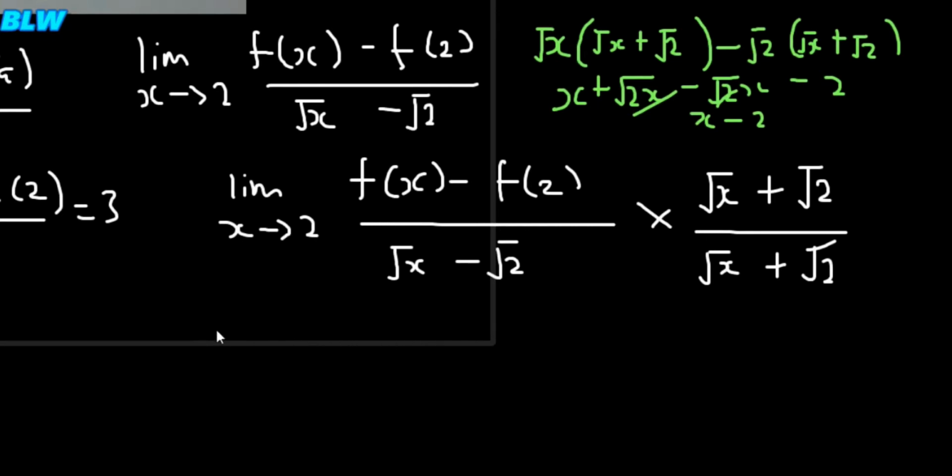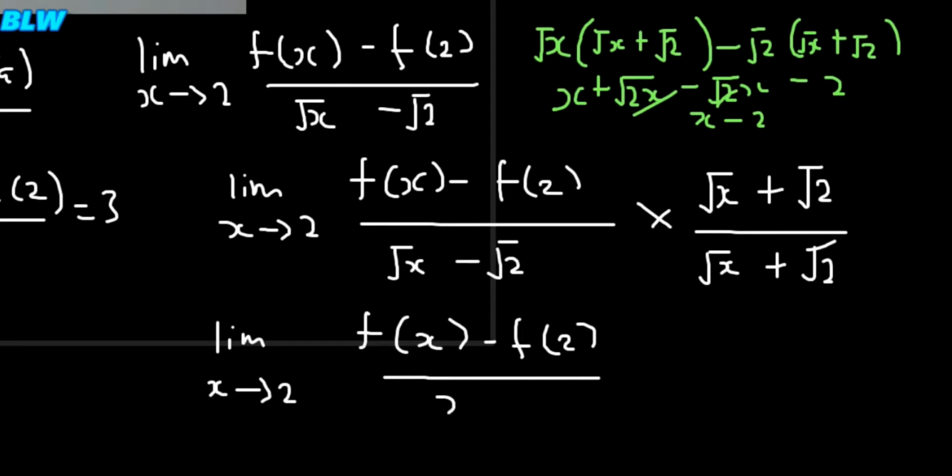So now I have my limit as x approaches 2 to be f of x minus f of 2 all over x minus 2 times root of x plus root of 2. So this is what I have now.